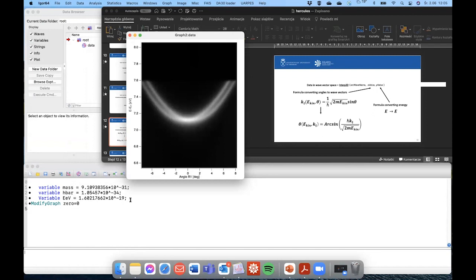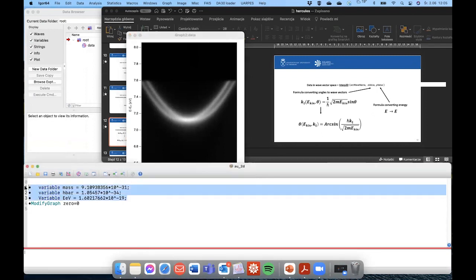First of all, we have to define our variables. Okay, so I have prepared it before. The first variable is the mass of the electron. The second one is the Planck constant h bar. And the third one is the factor that lets us convert energy in electron volts to energy in joules. It is due to the simplicity of this talk, I decided to use the SI unit system.